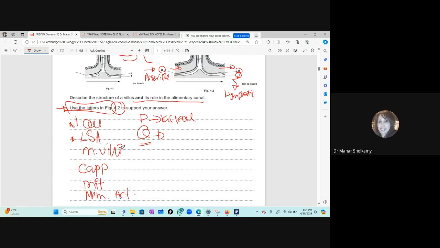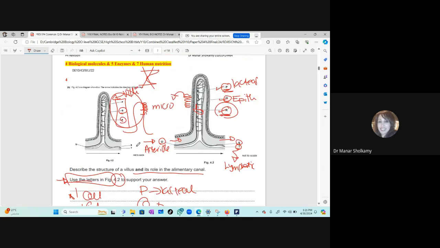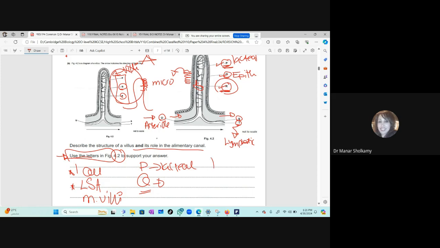So if you get a long question like this, don't panic. Break it down and you will find that you will have a lot of things to write. I will talk about P and its function, lacteals and what they do. I will talk about Q, label it epithelial layer with microvilli, increased surface area. Or you will talk about the capillaries and what they do.